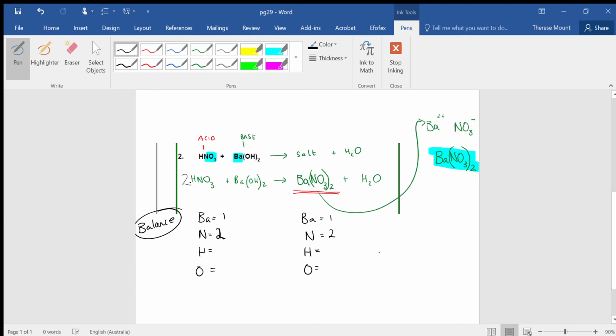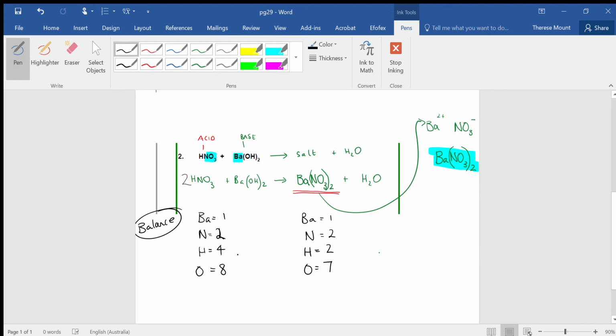So hydrogen, I've got 2 and 2, which is 4. And then here I've got 2 hydrogen. Okay, and then oxygen, I've got 6. So 2 times that 3 is 6. 6 plus the 2 is 8. And then here I've got 2 times 3 is 6, plus the 1 is 7.